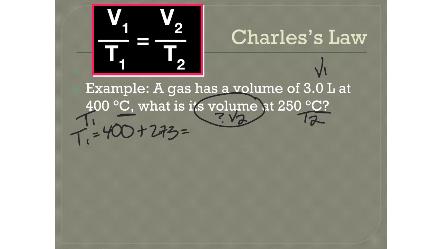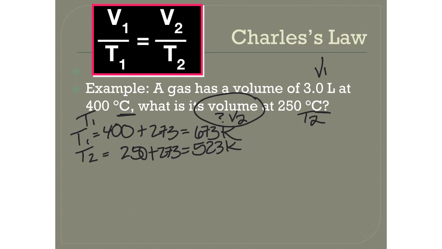It's technically 273.15, but this is standard. We're going to just do 673 here in 10th grade. And then my T2, same thing. I'm going to have to take 250 this time plus 273, and I'm going to end up with 523 K. So these are my temperatures.